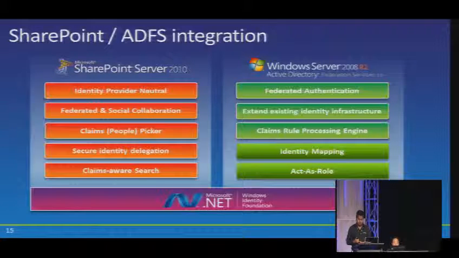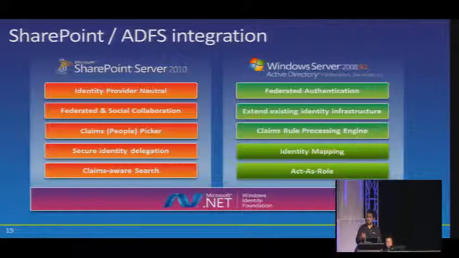Secure identity delegation. This is something that in the past was difficult to do without Kerberos, I guess, and I think there's a session straight after this explaining how to do that, so I don't know how relevant that is anymore. But it's not only achievable within the SharePoint farm, where from the web front ends you're able to delegate some of the identities to the application server.